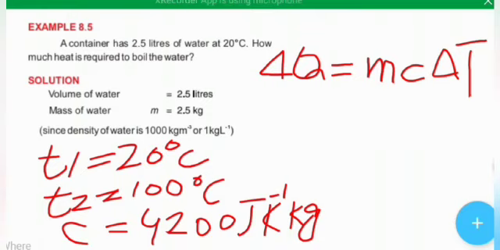And the value of delta T we can calculate by subtracting temperature T1 from temperature T2. So by putting the values of m, c and delta T in this formula, we can easily calculate the amount of heat that is required to raise the temperature of 2.5 liters of water from 20 degrees centigrade to 100 degrees centigrade.